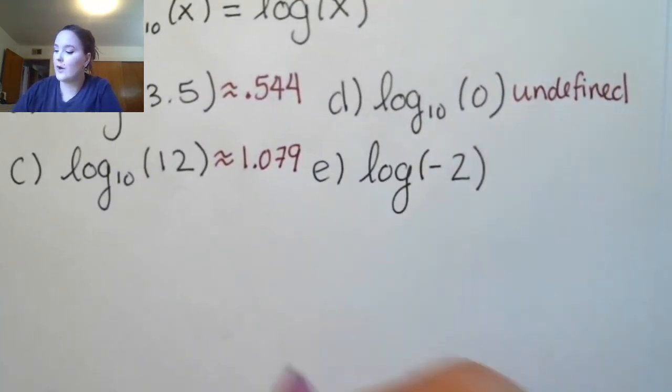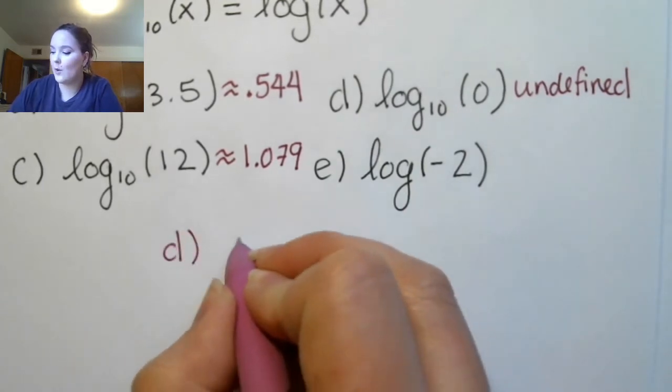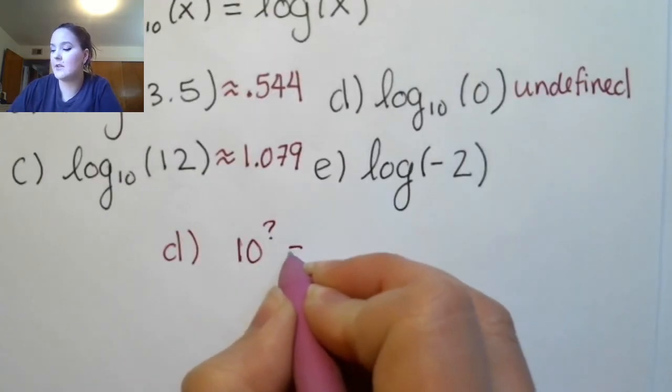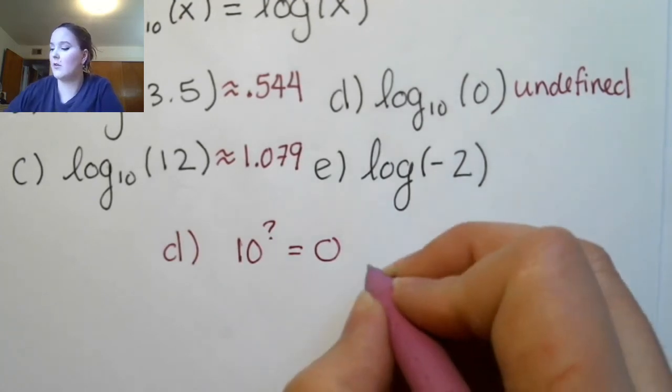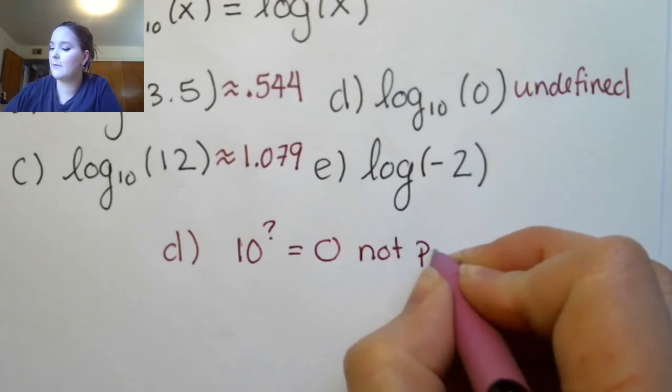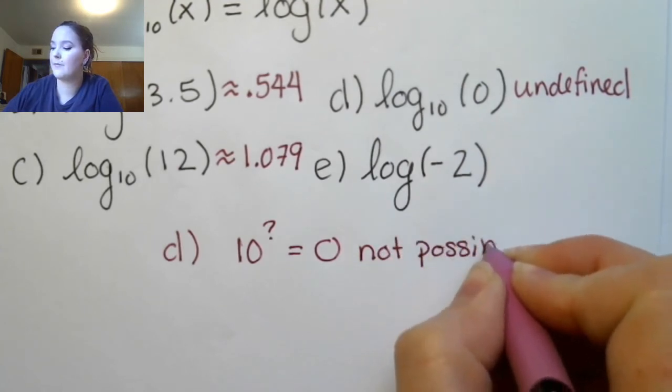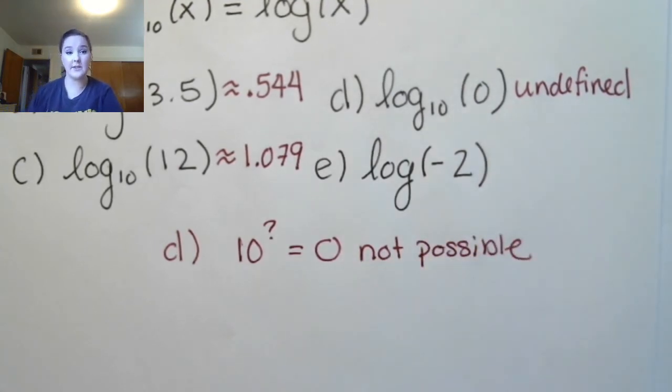The question we're asking is, what power of 10 is equal to 0? Well, there's no power of 10 that's equal to 0. That's why this is undefined, because there's no way to raise 10 to a power and get 0 as an answer.